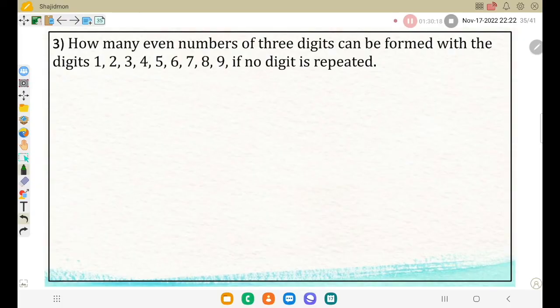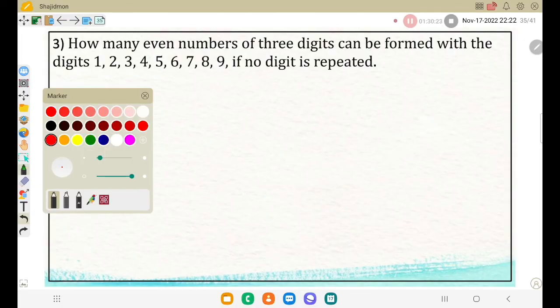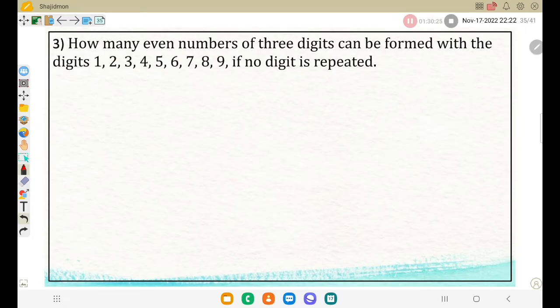Okay, now question number 3. How many even numbers of 3 digits can be formed with the digits 1, 2, 3 up to 9 if no digits are repeated? Okay, so this is the important idea. How many even numbers? That is the question.